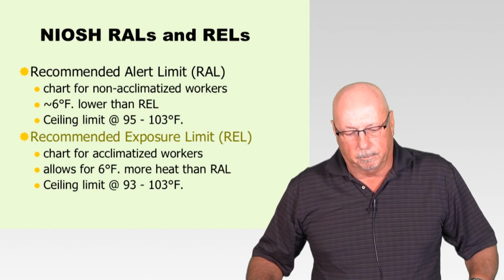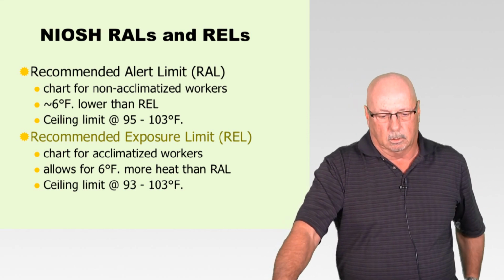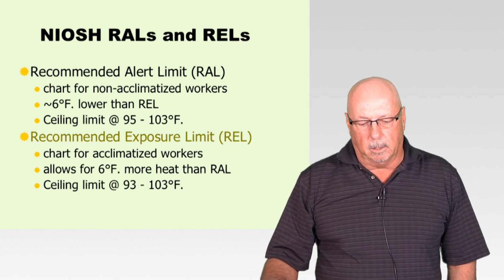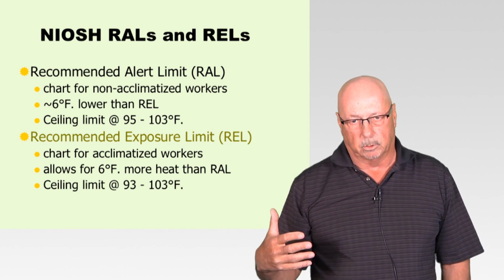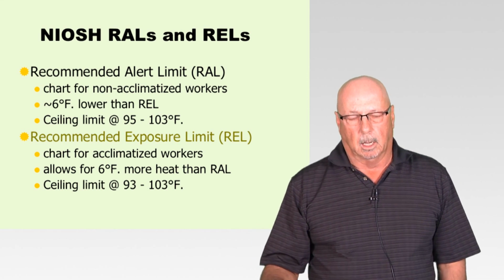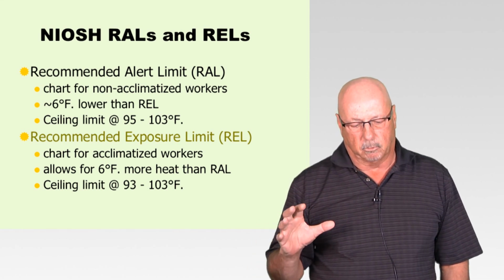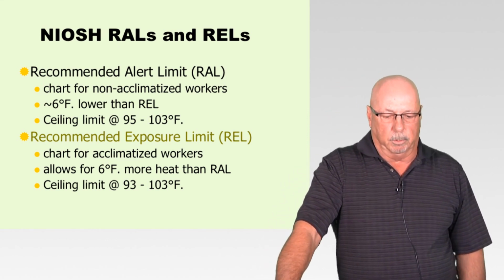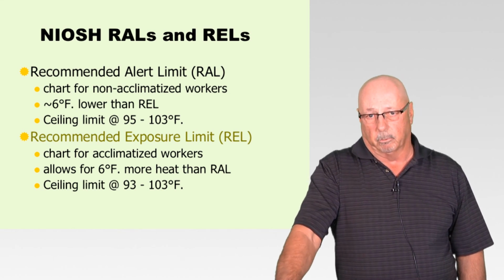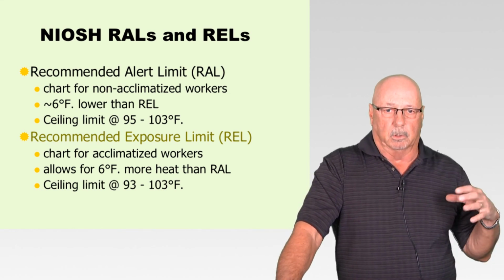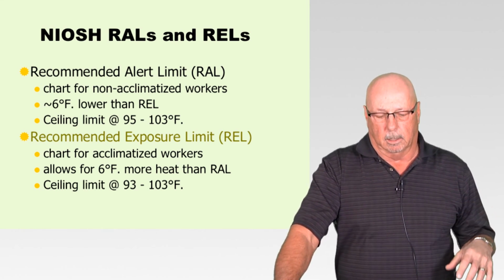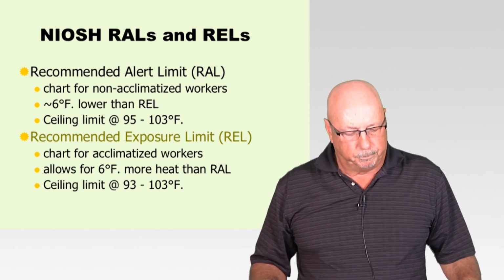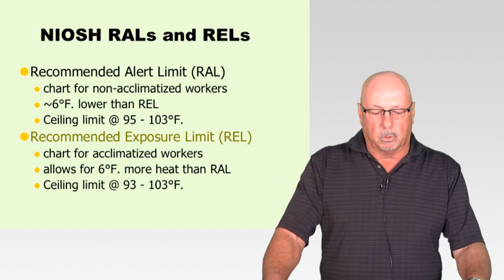Basically, the recommended alert limit is that if you're a non-acclimated worker, then you need to make sure that those workers become acclimated and try to keep them in work environments that are not extremely excessive as far as the ambient temperature ranges. They say try to get these people to work in temperature ranges from 95 to 103 until they become acclimated.